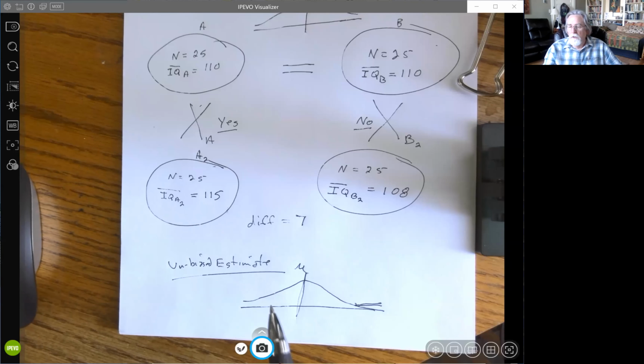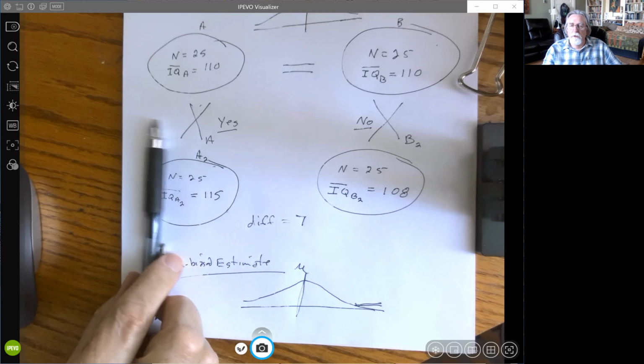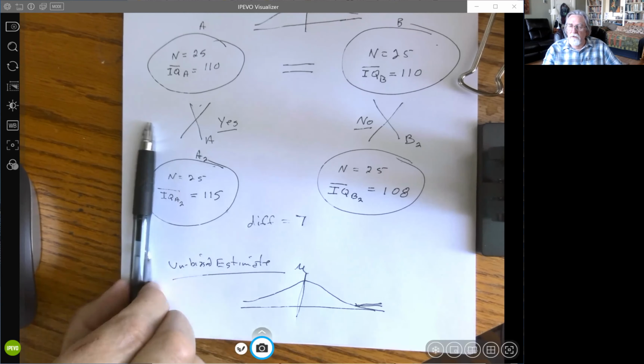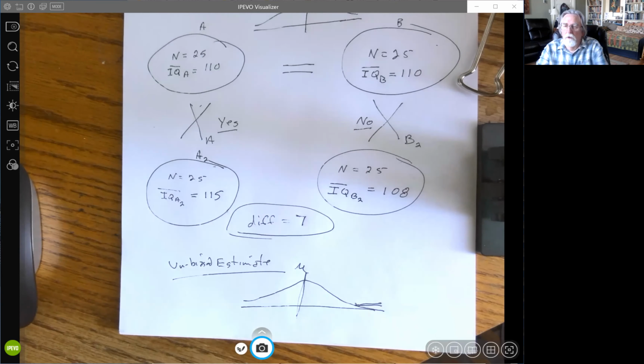I finally shared it up. We know that it's random, therefore normal, and we know that its mean is the same as the population mean. So we know a couple of things, but we don't know enough yet to be able to understand whether 7 is truly a difference. Is this a real difference or not?